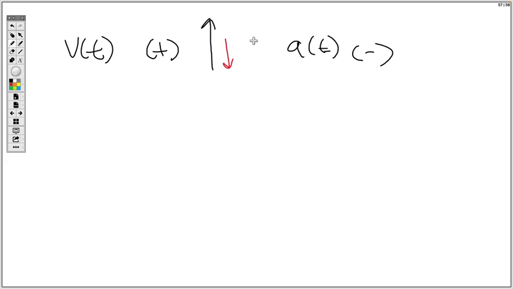Down. So if the velocity and acceleration are opposite, then is the rocket speeding up or slowing down? So velocity is going up, acceleration going down. What's going on with the rocket? Speeding up or slowing down? It's got to be slowing down. You follow? Because it's decelerated.